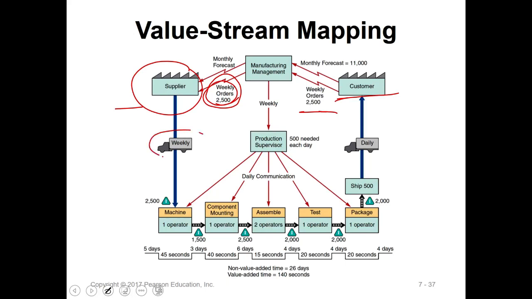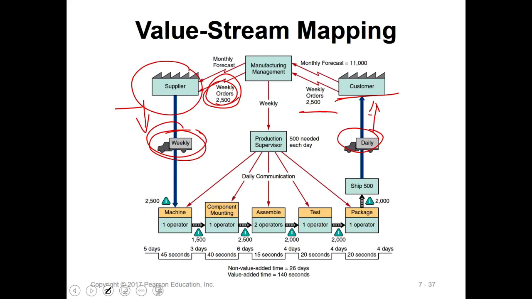And then what is the shipping strategy? Shipping is weekly based, and shipping includes the truck and the delivery. This is the input over here, this is the output over there.